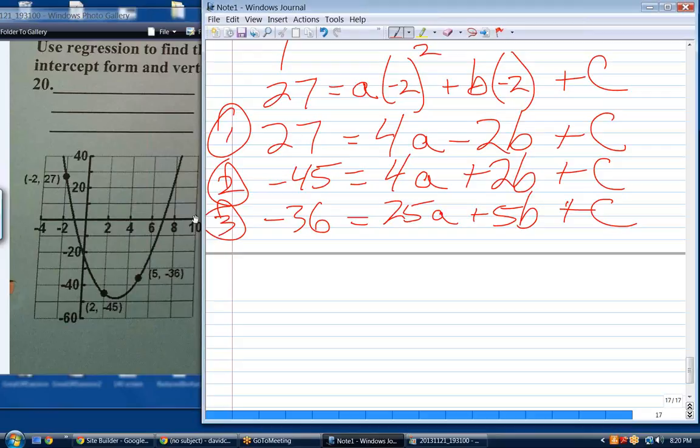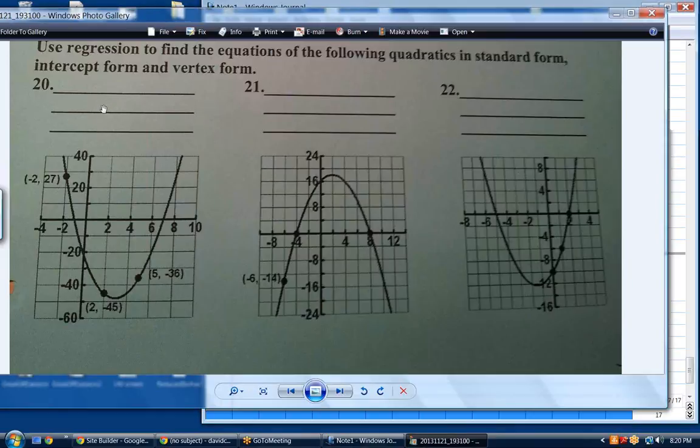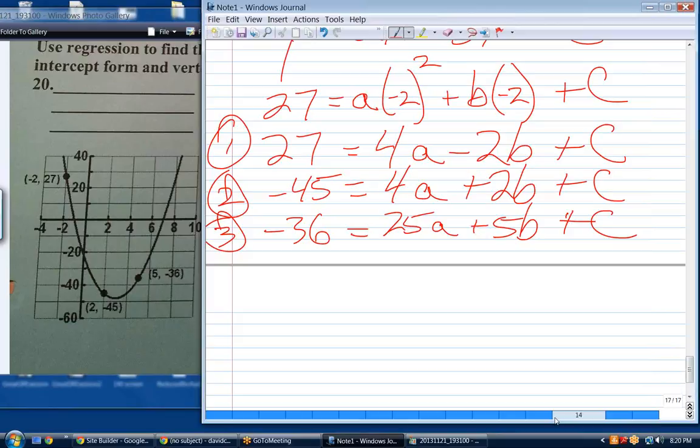Isn't there a function on your calculator that solves for 3 equations? Ah, yes, there is. Is it the matrix? Is that what it's called? Well, I don't know. Let me look at my calculator and see here. There's definitely a linear or a quadratic regression. So, what do I need?